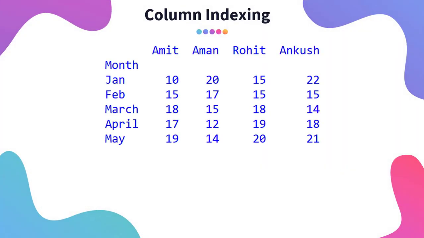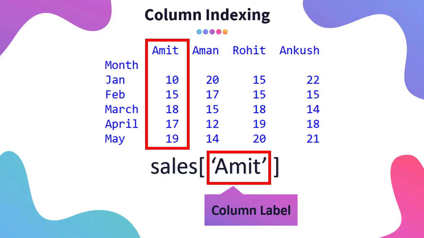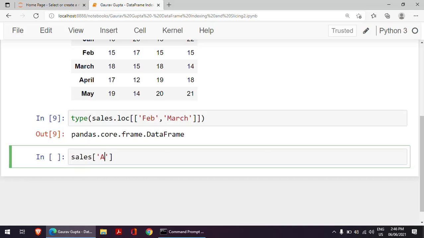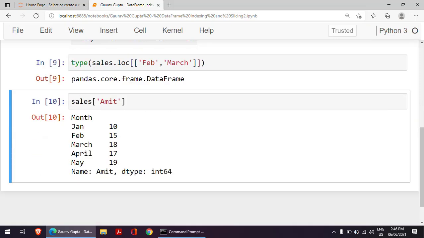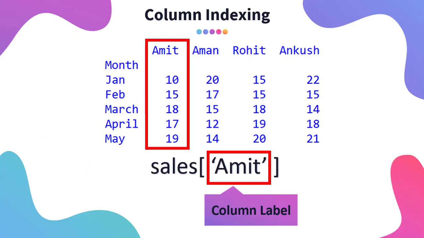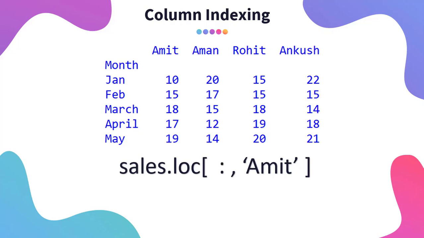For column indexing, if I write sales Amit, I am not using .loc over here. It will also work. And it is a column label. It will give me this value. So if I want to use the loc property, I have to write it like this.